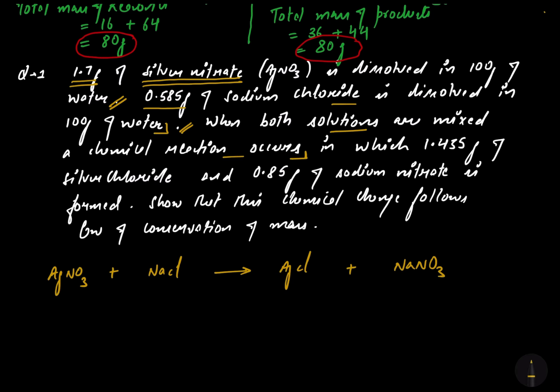So that's a double displacement reaction in which the Ag is displacing Na from NaCl and Na is displacing Ag from AgNO3. This type of reaction is called double displacement reaction, which we will study in detail in the further topics. So let us talk about the law of conservation of mass on this point.